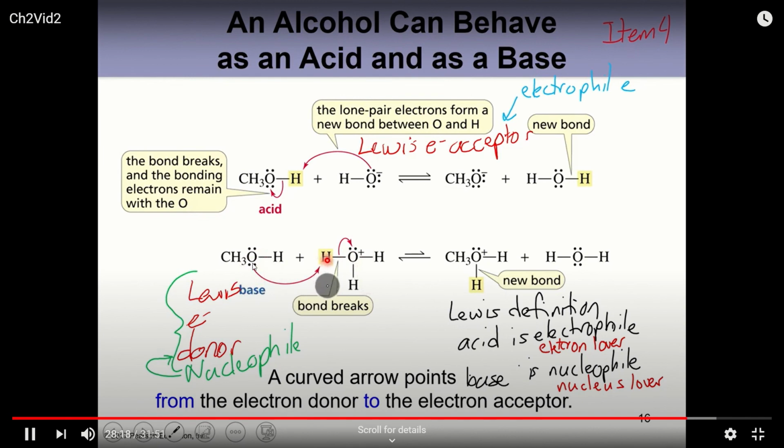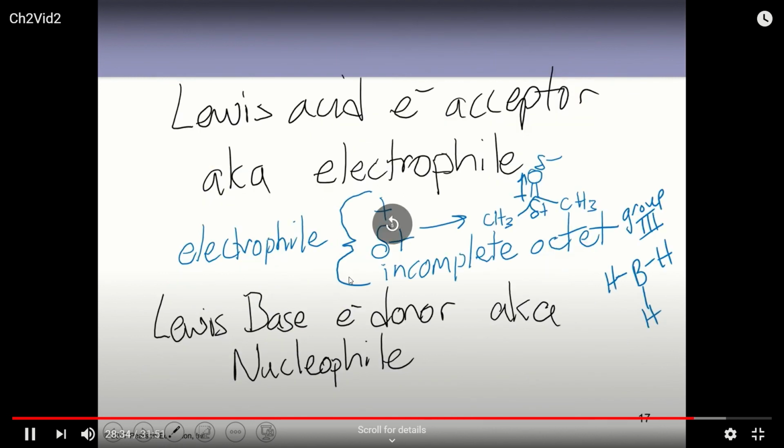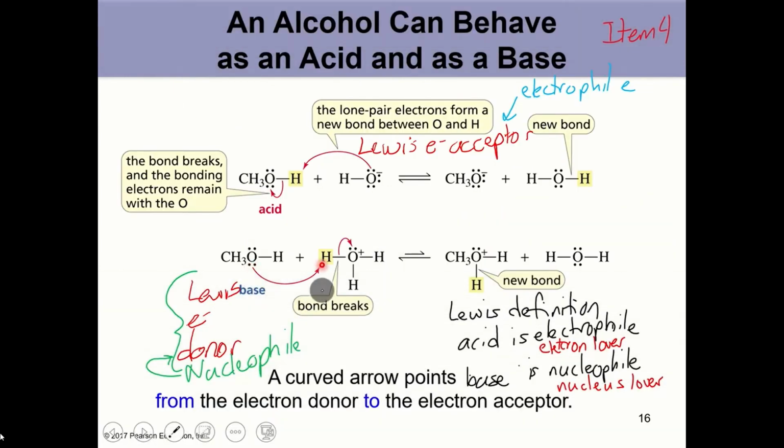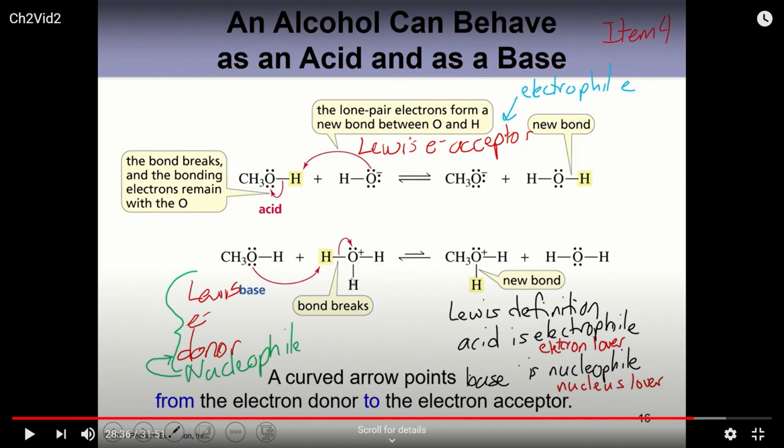In this case, we have an electron pair being donated to make a bond to this partially positive hydrogen of water. Now, I highly recommend that you draw your dipoles on your acid. If you draw in the dipoles on your acid, you will see by dipoles that oxygen should have more electron density than hydrogen because it's more electronegative.